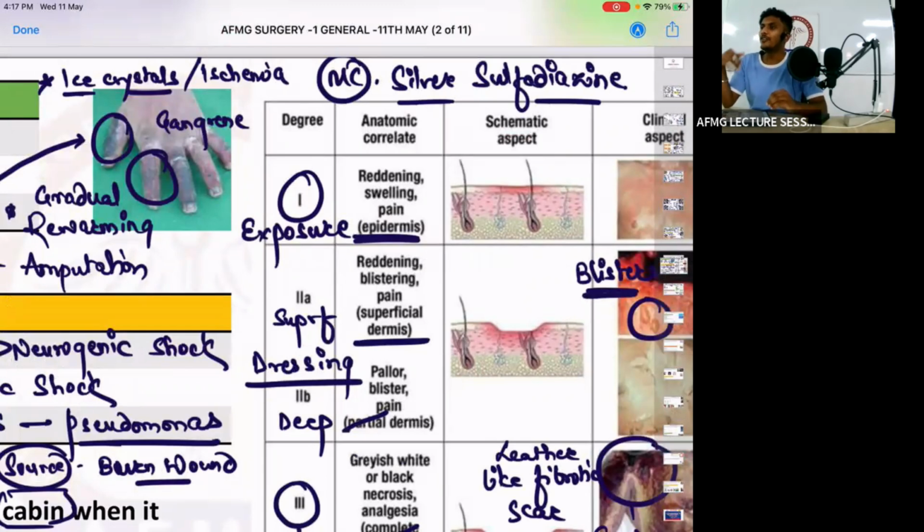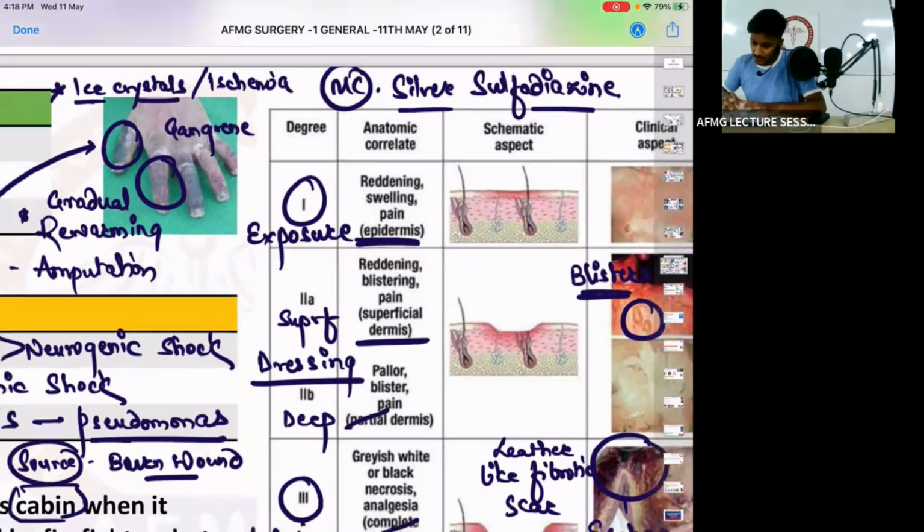The most important disadvantage of silver sulfadiazine is that it cannot penetrate the eschar. Therefore, an agent which can penetrate the eschar is 5% mafenide acetate. But it causes pain. Most commonly used for dressing is silver sulfadiazine; for eschar we use mafenide acetate.